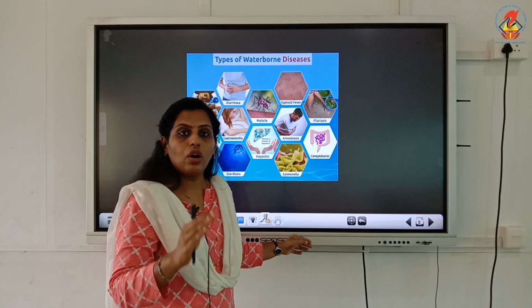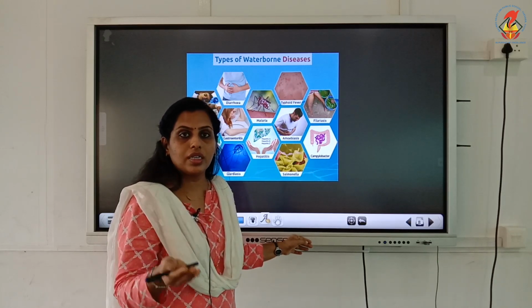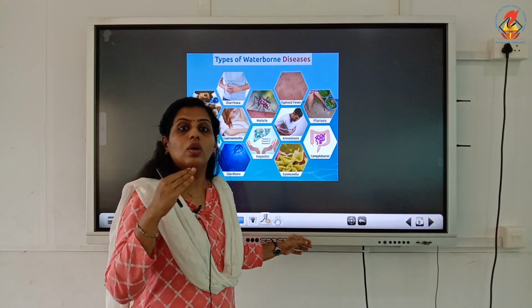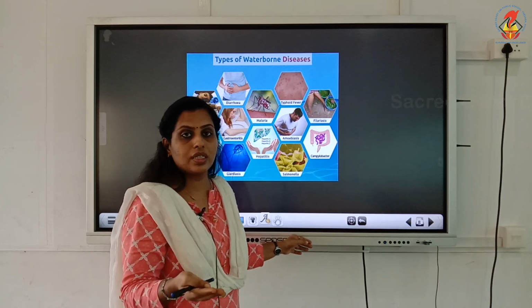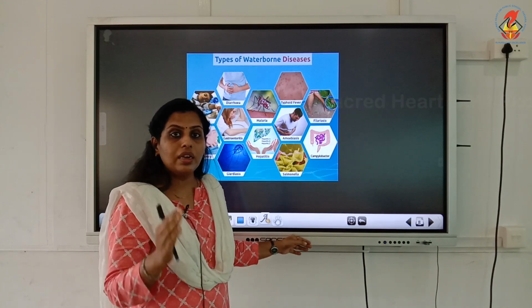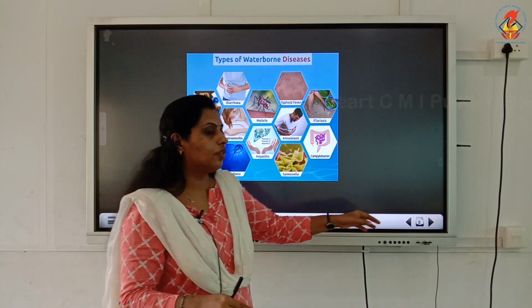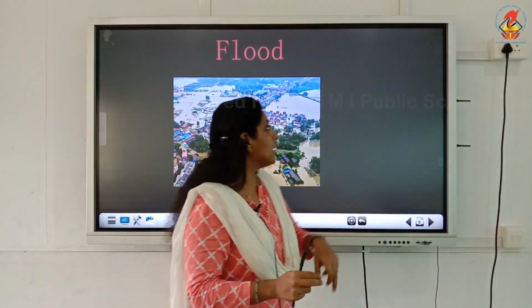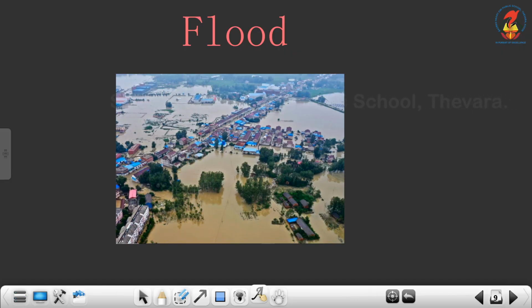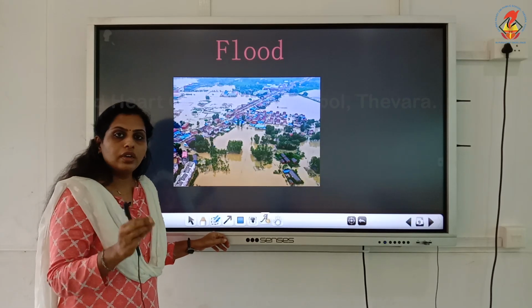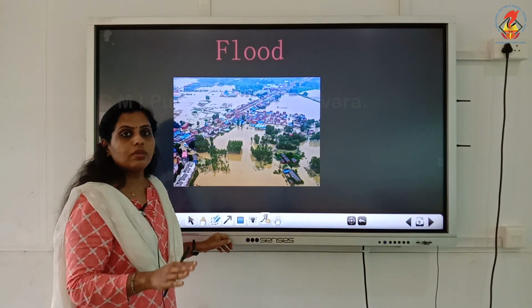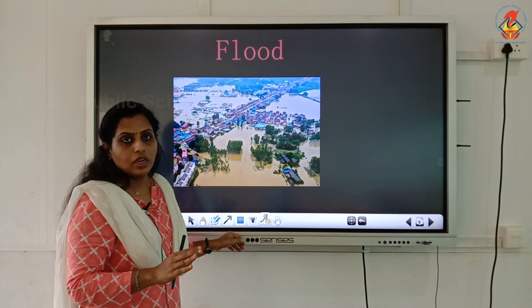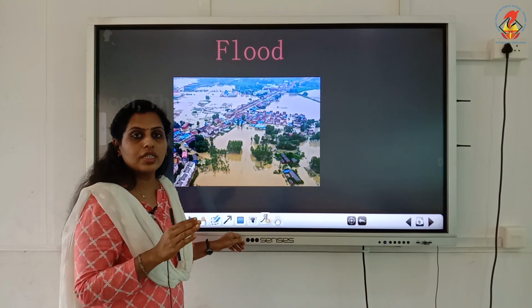The level of the river water rises up, and it will lead to an overflow of river water called a flood. The level of the river doesn't always remain the same. It will vary according to the season.